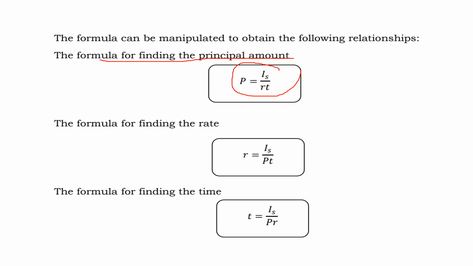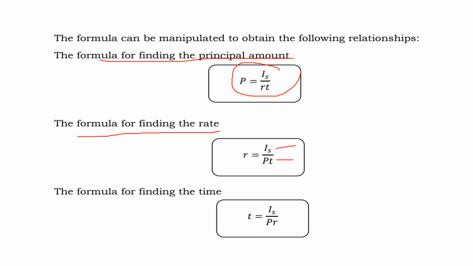Now, for the formula for finding the rate, if you're asked to find the rate and there's a given value of your simple interest, your principal, and your time, we just simply divide your simple interest by your principal multiplied by your time. So whatever the product between your principal and your time or term, we divide your simple interest by it, and that will be your rate of interest.